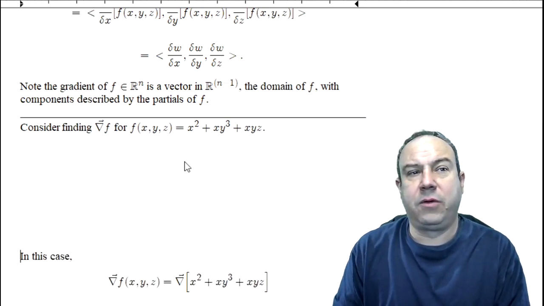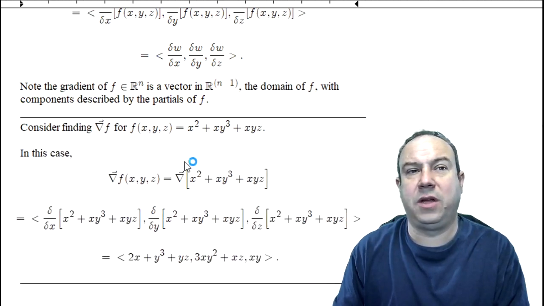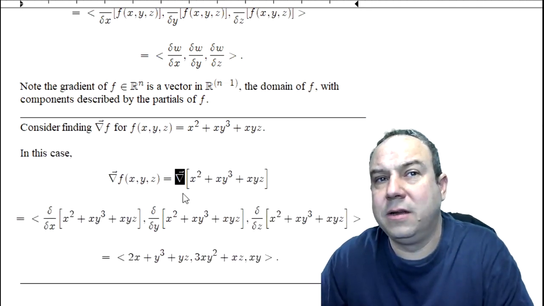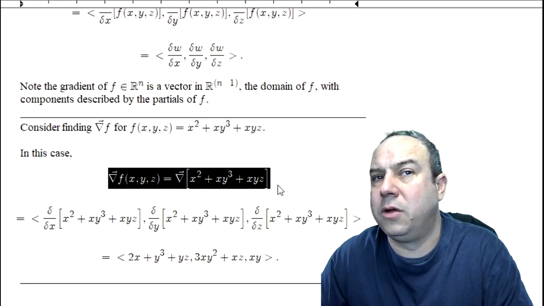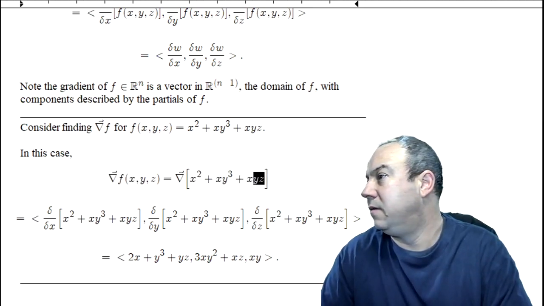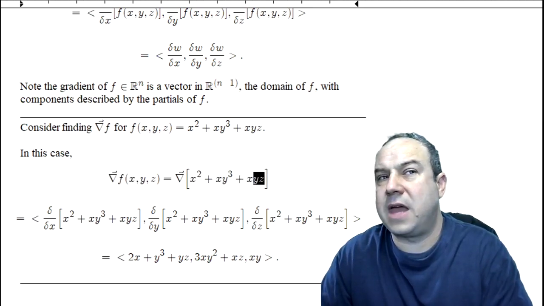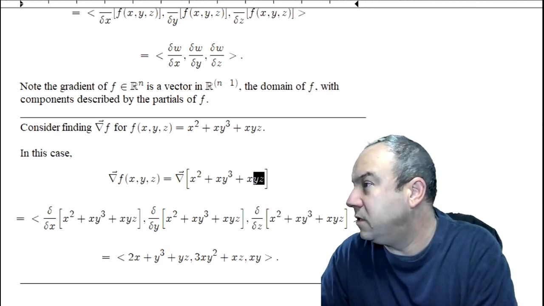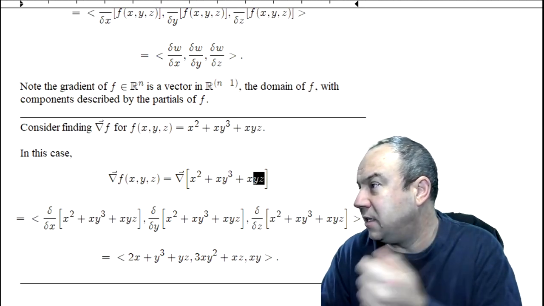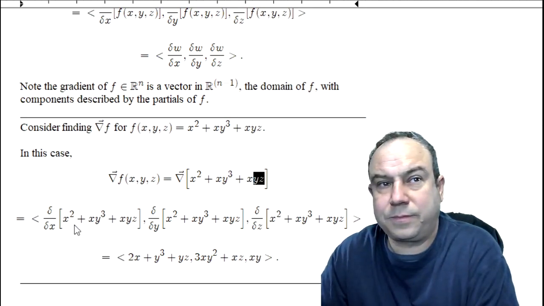Right? If we were to set this up, in this case, we will have that del operator applied to that multivariable function, where that del operator in three-dimensional space is made up of the three components for the partial operators with respect to x, y, and z, respectively.